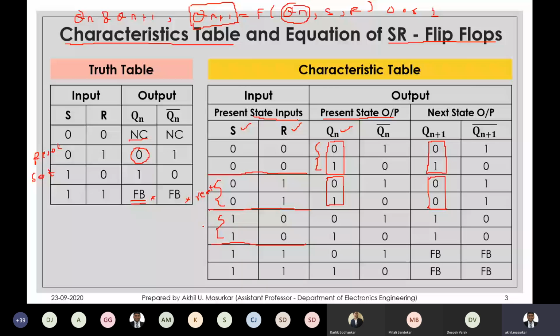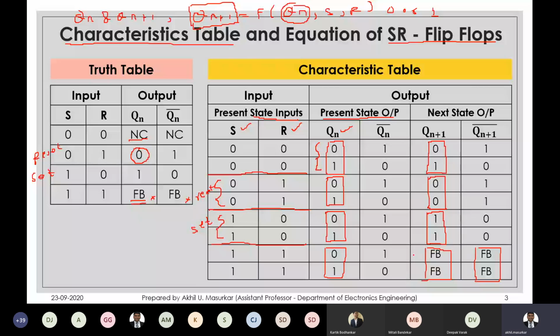That means whatever may be my present state output, 0 or 1, once I clock the flip-flop, my next state output will be just 1. And for 0 1, the last condition, we are writing here forbidden. Next state is going to be forbidden, so we would not like to operate in this state. So I will write this forbidden as don't care.